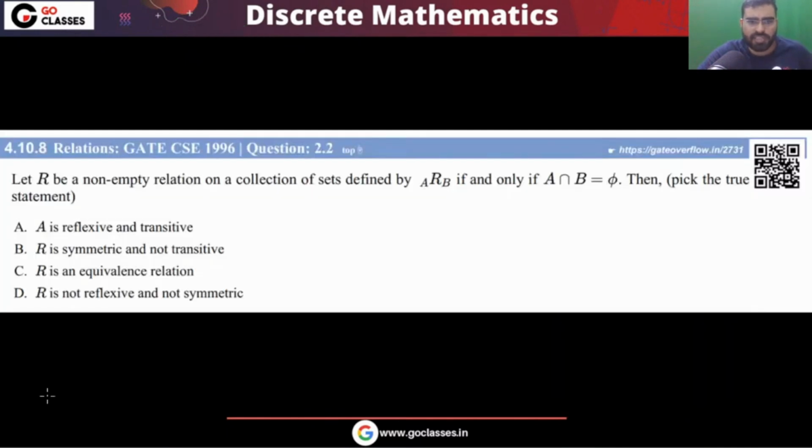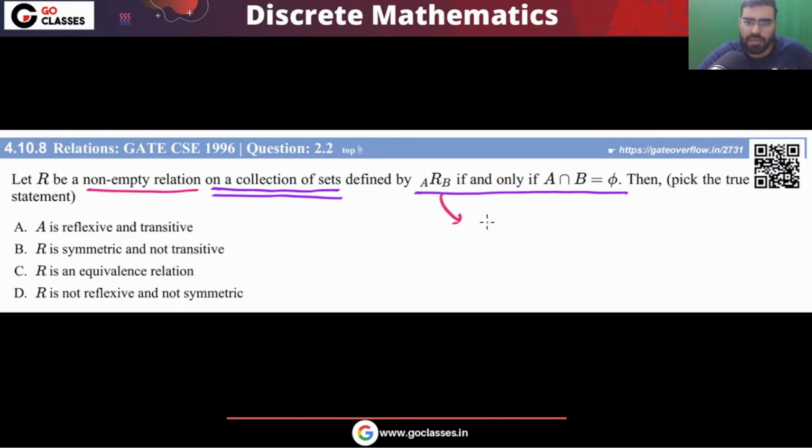Let's move on. Let's see this question. This is a GATE 1996 question. The question is saying that R is a non-empty relation on a collection of sets. This is important. R is a non-empty relation on this collection of sets, defined by A is related to B if and only if A intersection B is phi.